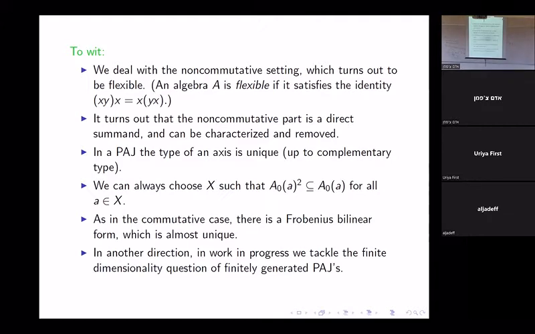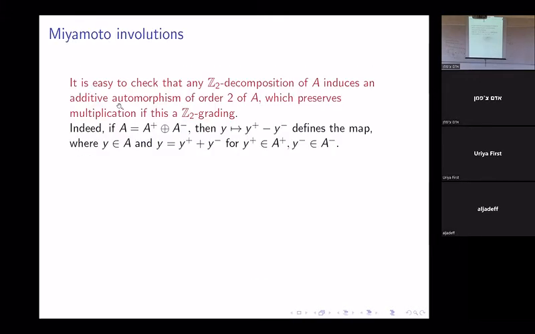Now, when you have only one extra pair of eigenvalues, then you have a Z2 decomposition. If you have many pairs, you could have Z2 cross Z2, and it works, but it's a mess.